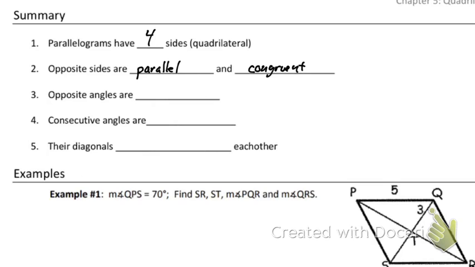Opposite angles are going to be congruent as well. And consecutive angles are going to be supplementary. And their diagonals bisect each other.